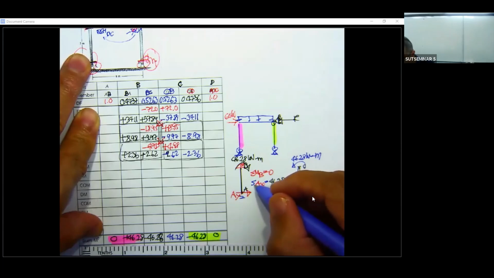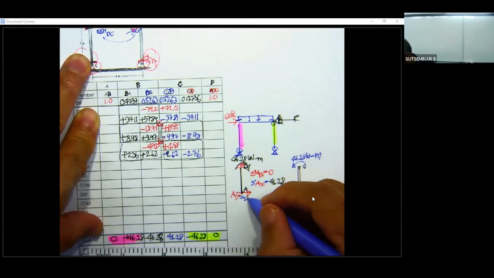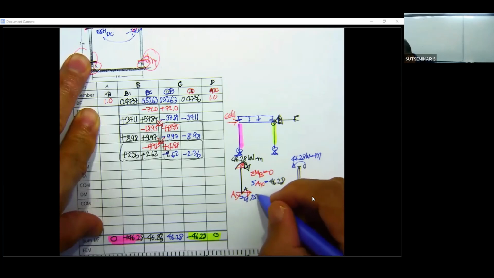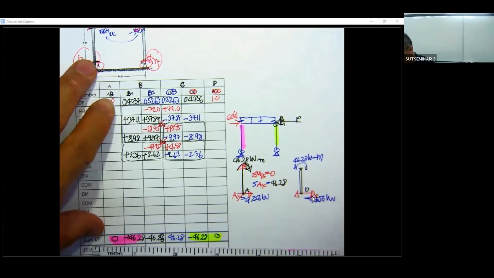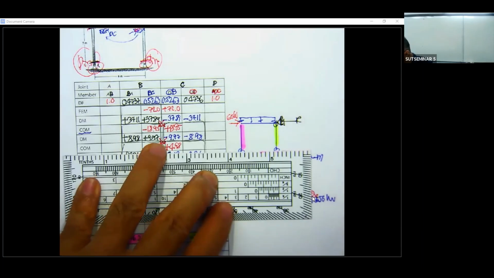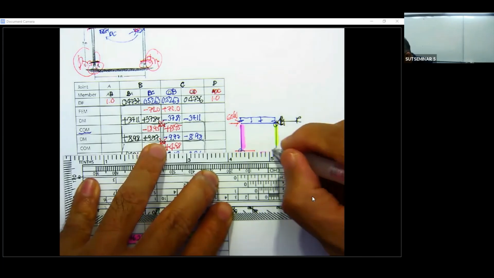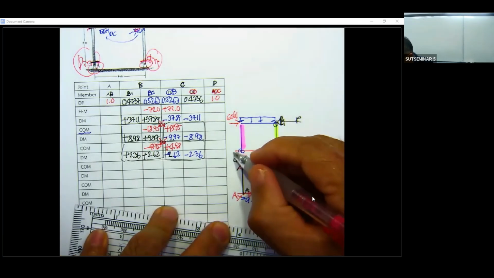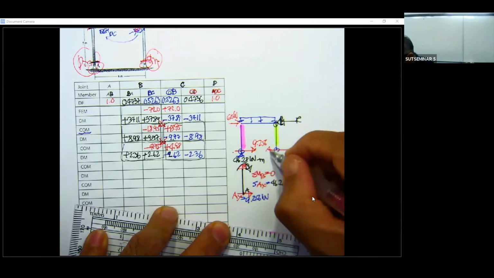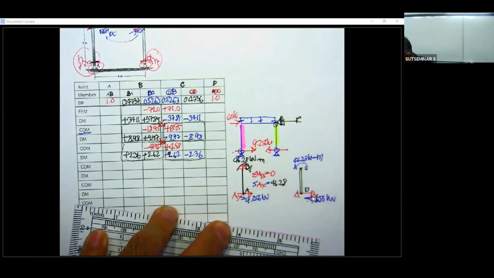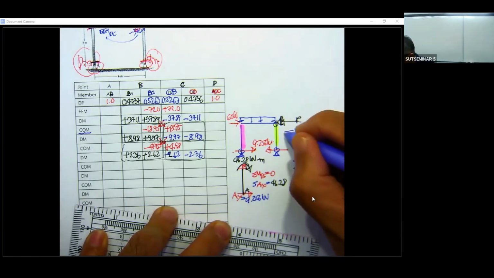That means you're going to have this one as 9.256 kilonewton. And since this one is the same, this one also 9.256 kilonewton. And then what we have is this one and this one, 9.256 and this one also 9.256.